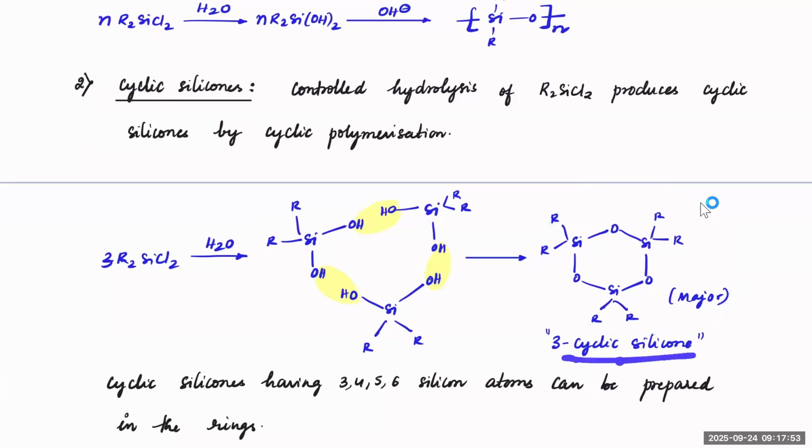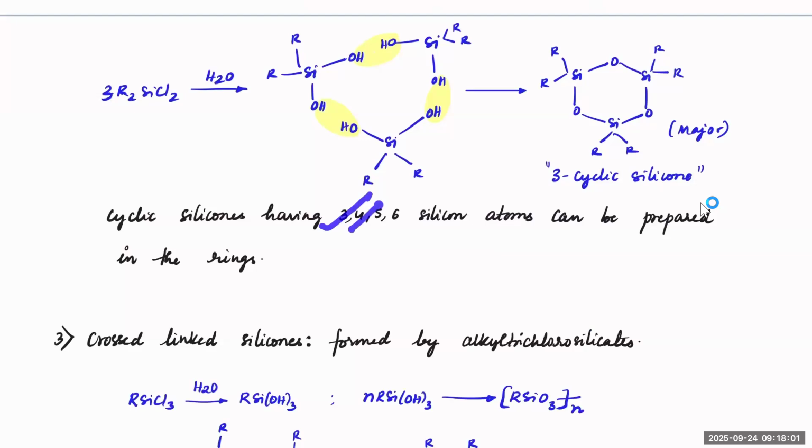These are cyclic silicones. The cyclic structure can be 3, 4, 5, or 6, that means 3 silicons forming a cycle, 4 silicons forming a cycle, or 5, 6 silicons.